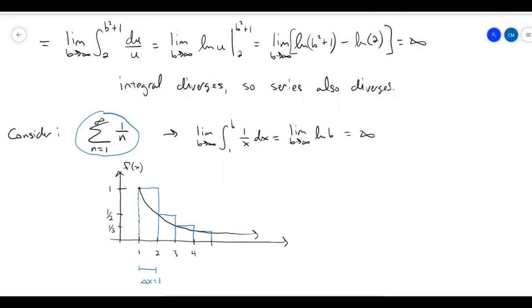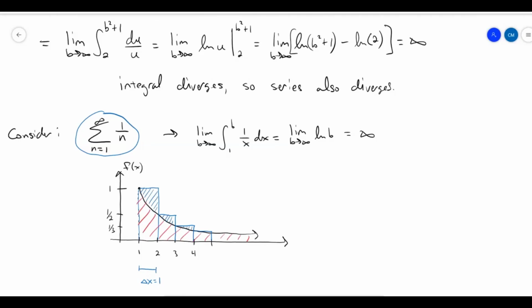And you can see that since that improper integral diverged, that means that there was infinite area under this curve, right? Infinite area under that curve. But you can also see that there's all this extra stuff from the series, right? And so clearly the sum of the series is actually larger than the total area of that improper integral, right?